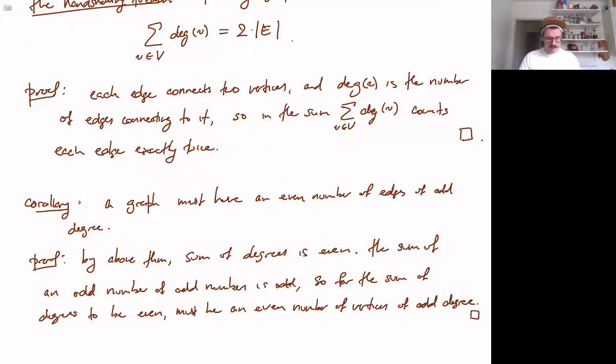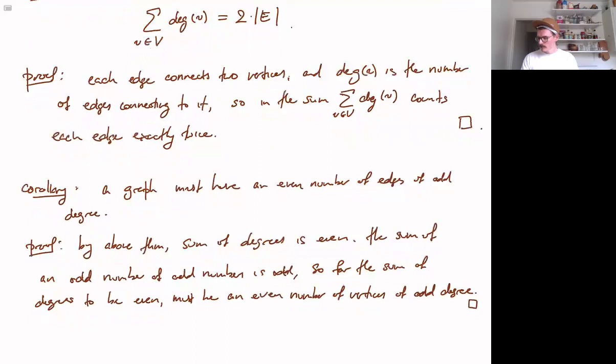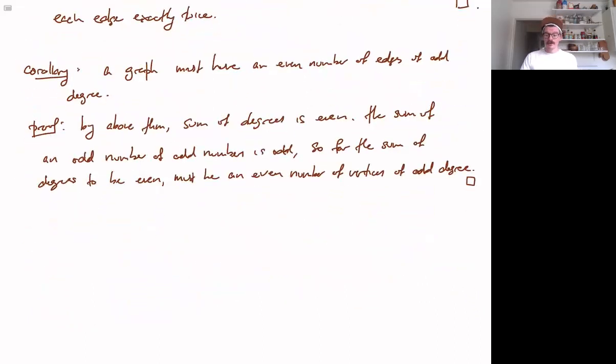So let's illustrate these two facts we've just proved with an example. Maybe even the same example we were looking at before. So here's our little graph, and let's label again the vertices with their degrees.